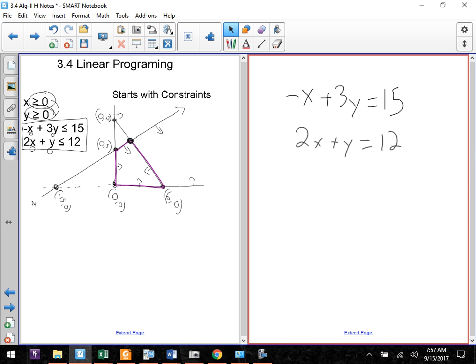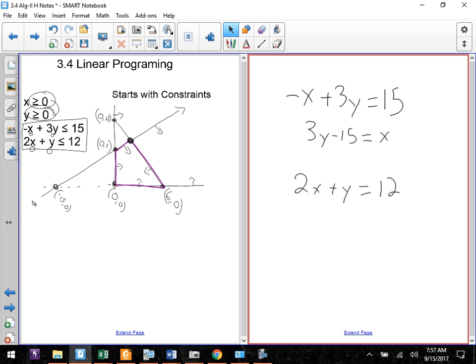What I think is I would move the x and move the 15 and say 3y minus 15 is x. Since that x was negative to start with, if I move it real quick, I can use substitution.